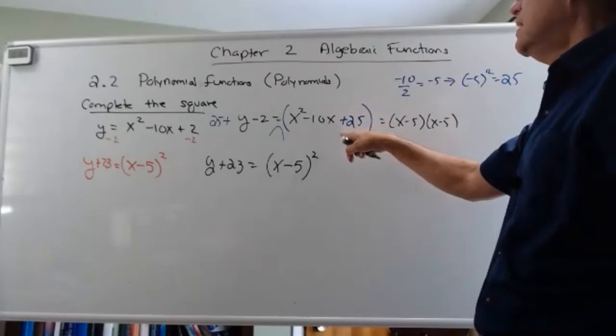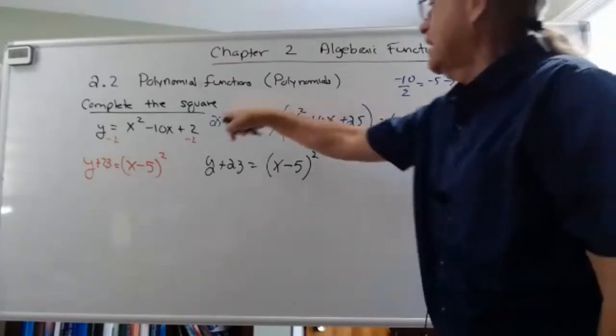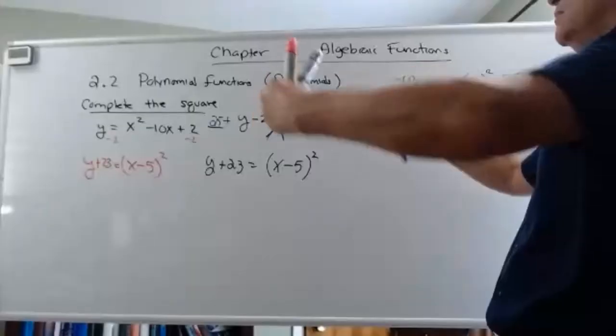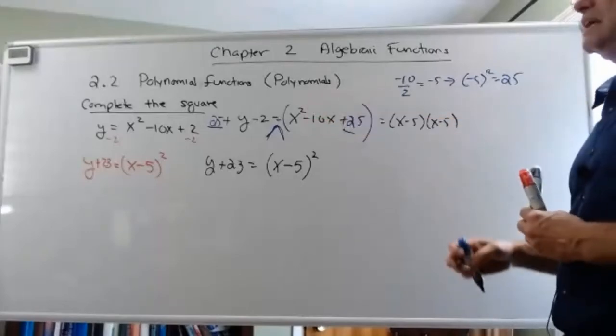And then I have a negative 5 times a negative 5 to give me a positive 25 over here. But that 25 has to be placed on both sides to keep everything in balance. Think of it as a balance beam over here. If I add 25 pounds to both sides, I'm not putting it off balance. I'm making them the same.